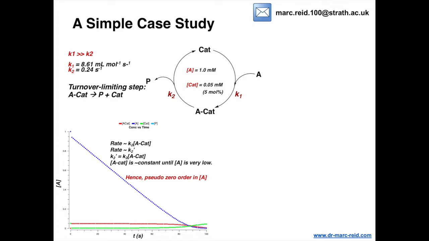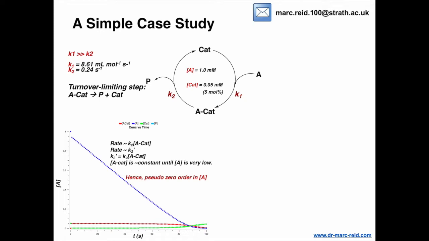We can say that the rate is approximately equal to K2 times A cat, and because the concentrations of the species inside the cycle are constant, then we can say that the rate is approximately equal to K2 dash, where K2 dash is a new rate constant which combines K2 and the concentration A cat.